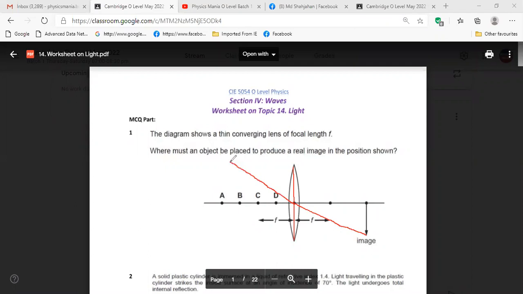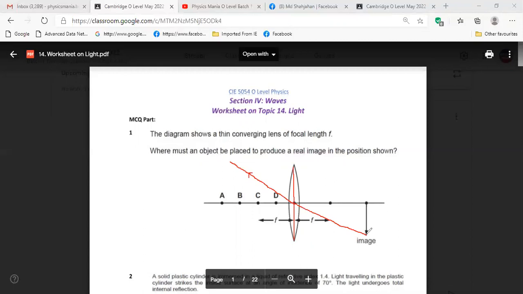Are you seeing the diagram? Yes, sir. So when you are drawing, you should draw the diagram this way, so that you can understand how you are drawing.